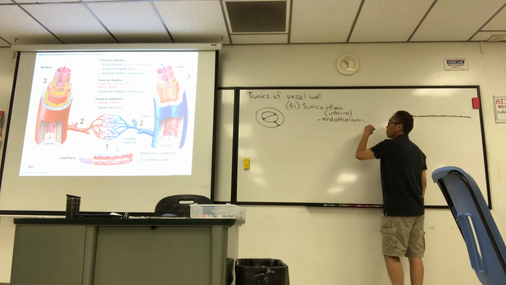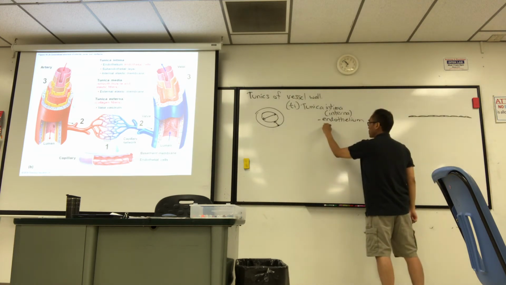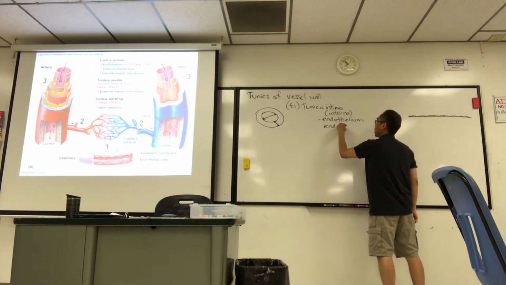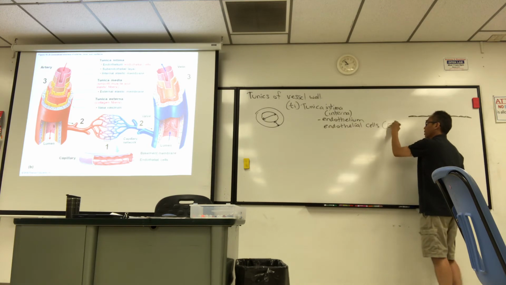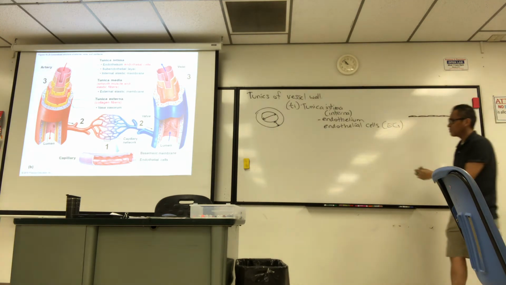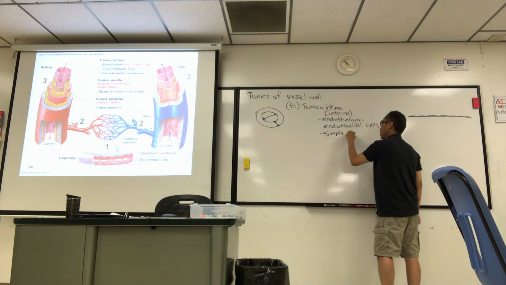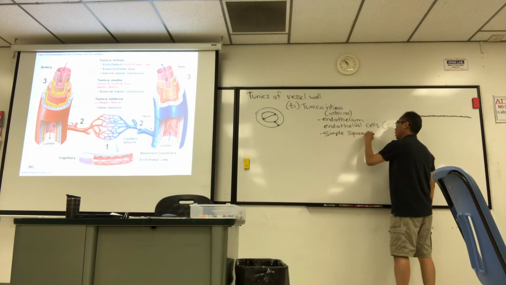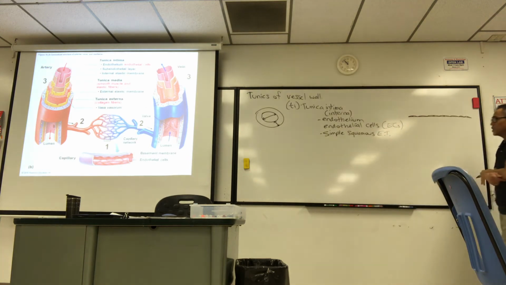Endothelium, comprised of endothelial cells. Endo means within. ECs for short. It's a simple squamous ET. It lines the inside of your blood vessels. ET is epithelial tissue, so it's an epithelium. The endothelium is an epithelium.